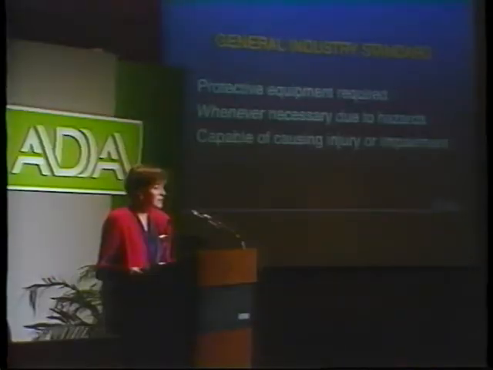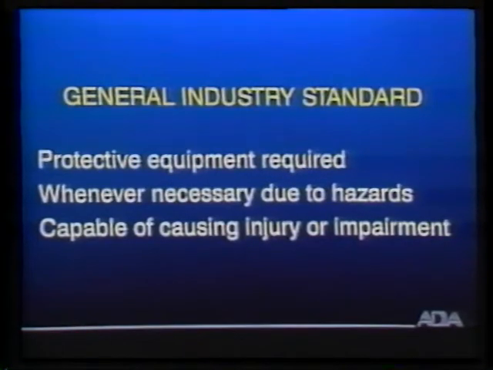The last area that OSHA looks at and the last general category of standards are called the General Industry Standard. These are very basic rules that apply to all workplaces in the United States. Principally, this standard is used in the manufacturing sector and other industries.